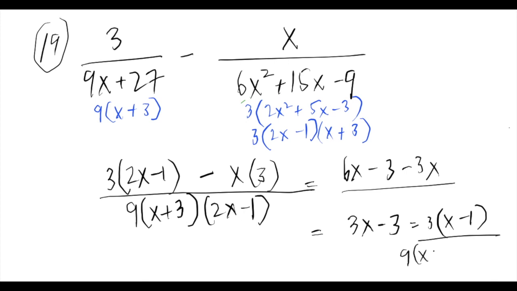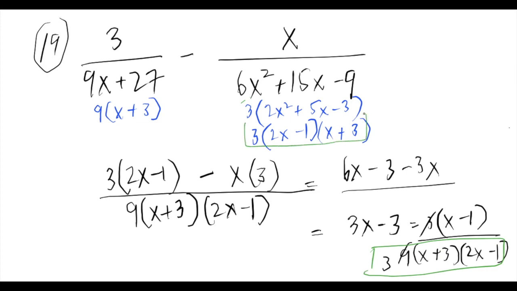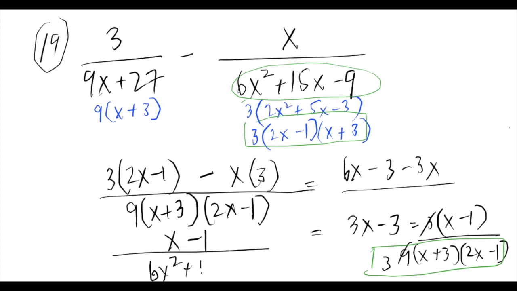Okay, 9 times x plus 3, 2x minus 1. Cancel yung 3. If you can notice, itong denominator natin is just equal to this one. Okay, which is yung original denominator. So, final answer natin here is going to be, dito ko na lang isusulat, x minus 1 over 6x squared plus 15x minus 9. Okay, this is our final answer.